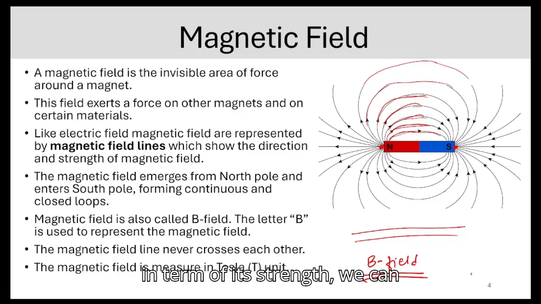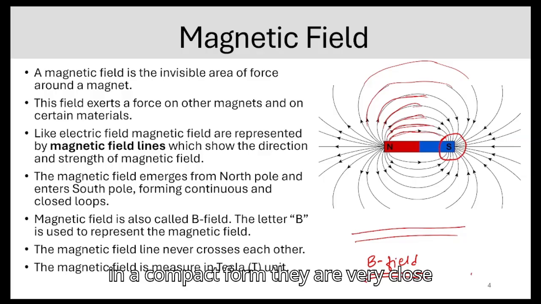And in terms of its strength, we can see at these poles, in the north pole and south pole, all these lines are in a compact form. They are very close.